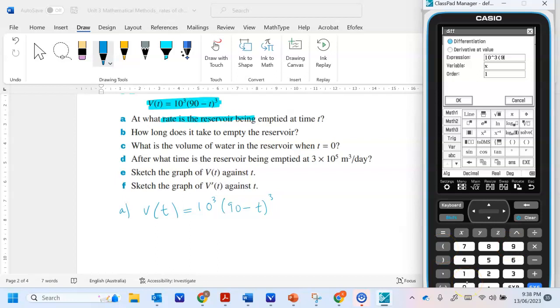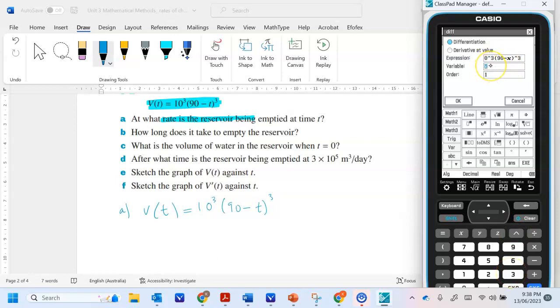90, my 0 is right down the bottom, there we go, minus t. Now, you can put t in, I'm going to put x, just because I don't really want to navigate away and then do that, but if you put t in, just make sure you change that to a t.